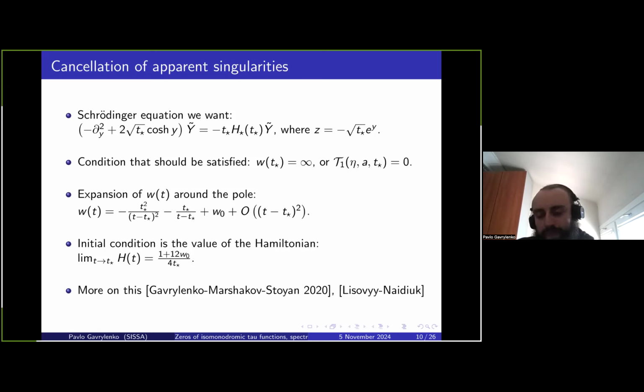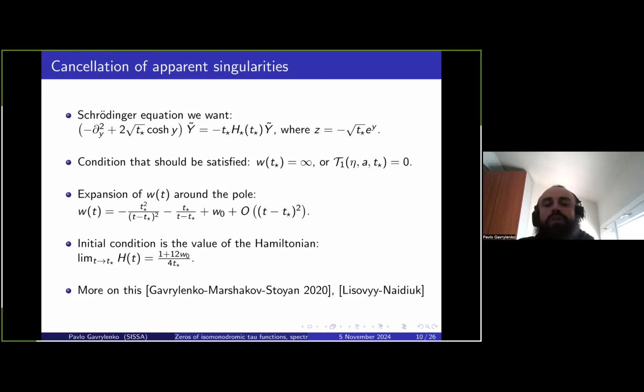So we can say that these two variables, the position of the pole of the Painlevé transcendent and the value of the Hamiltonian at this pole, can serve as two initial conditions for such a solution.